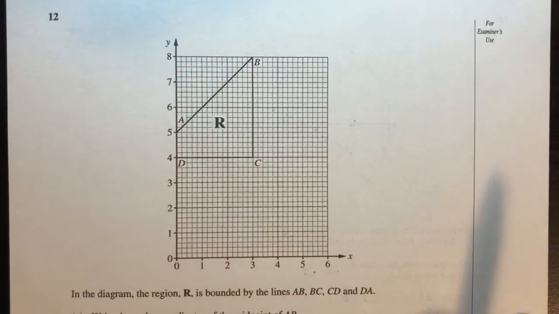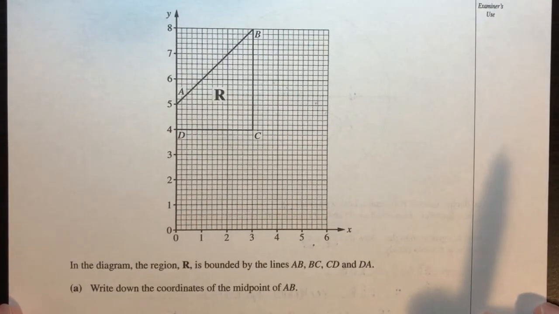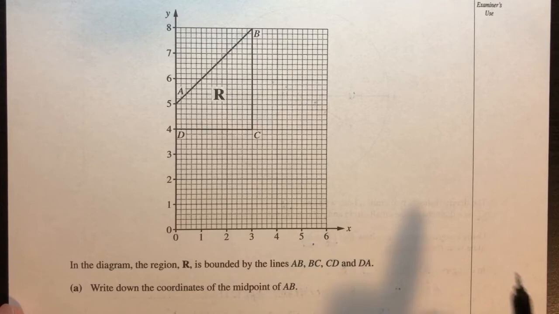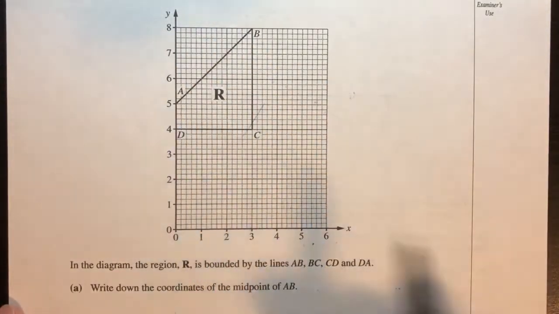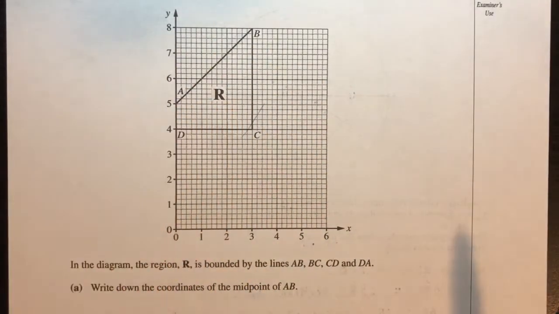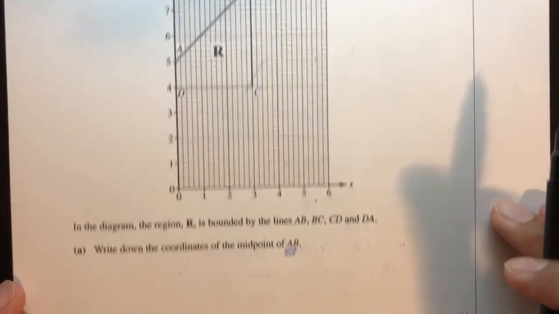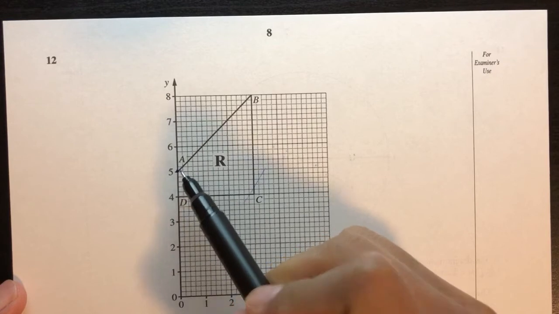Question number 12. In the diagram, the region R is bounded by the lines AB, BC, CD, and DA. So we have these lines which define the region R. Part A, write down the coordinates of the midpoint of AB. So what is the point A?